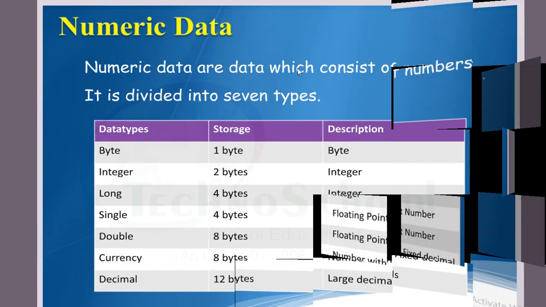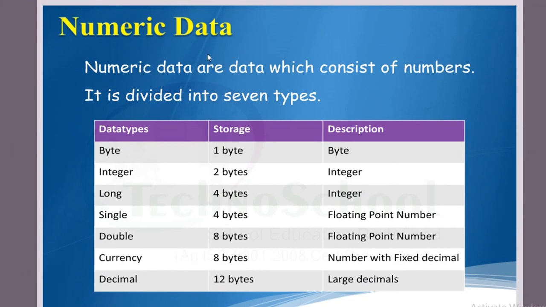So now we'll see what is numeric data. Numeric data are data that consist of numbers which can be computed mathematically with various standard operations such as add, multiply or minus, division and so on. Okay, so the numeric data are divided into 7 types.